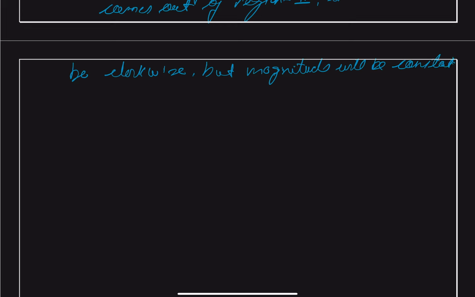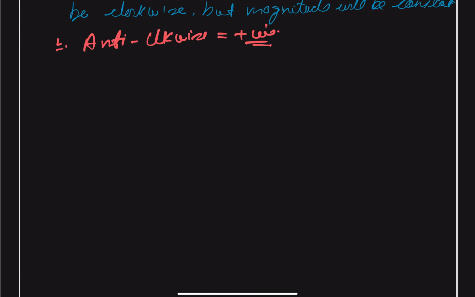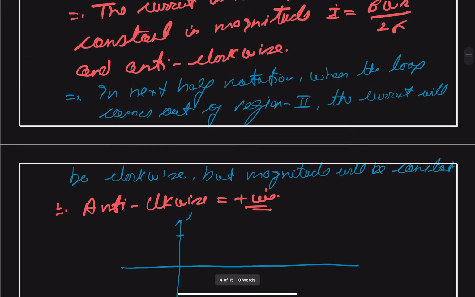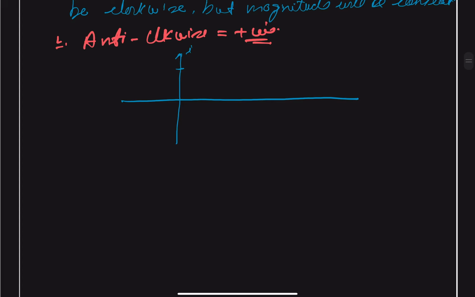So if we take anti-clockwise as positive, therefore we can draw the graph. This is current I, and the maximum peak value is B omega r square upon 2R.